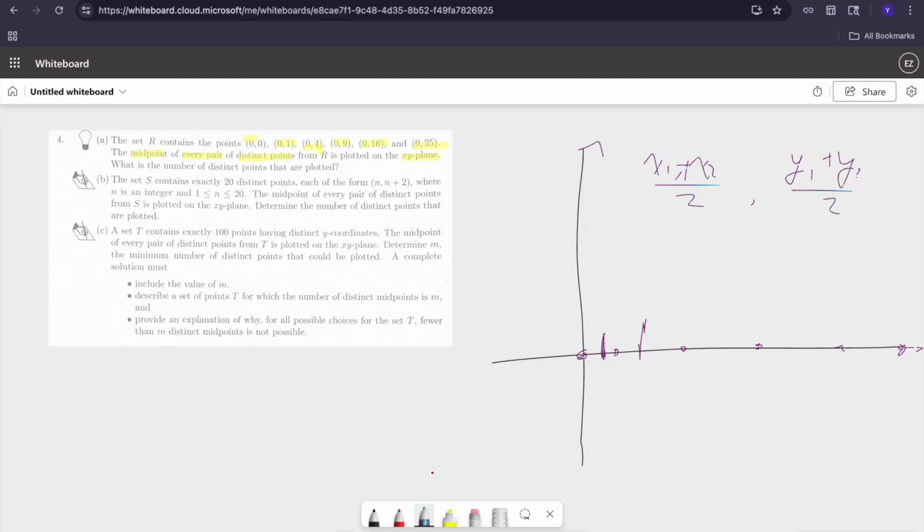In this question, all the x values are 0, so 0 plus 0 over 2 is still 0. So right now we only need to consider how many different values of y1 plus y2 there are.